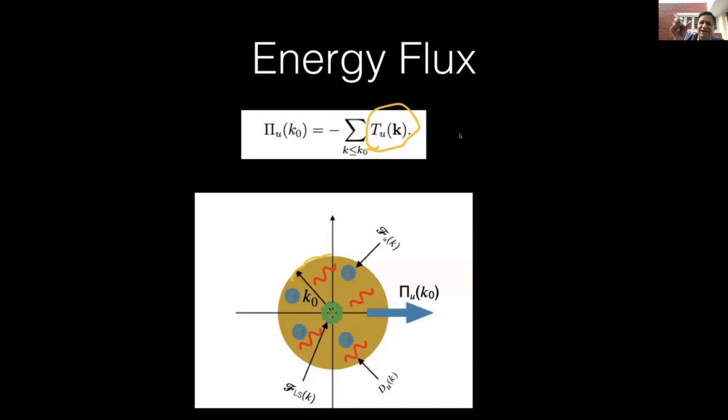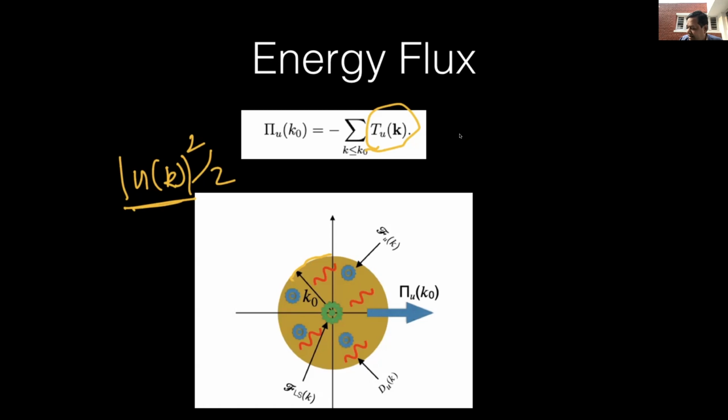The energy is the quadratic term, mod U_k squared. It's not the same energy as phi squared minus phi-4, that kind of thing I'm not talking about. It is the Fourier mod U_k squared by 2. Instead of U, we can have a scalar field phi or whatever we like. So we define this as the modal energy.